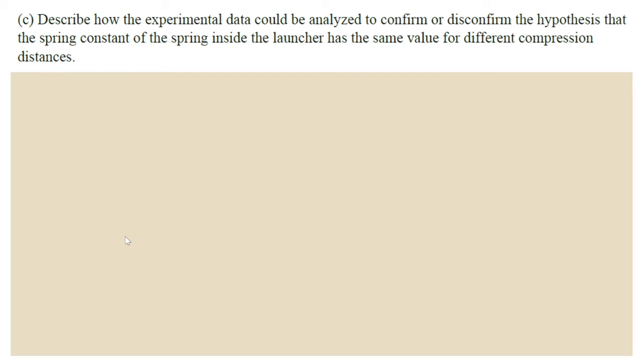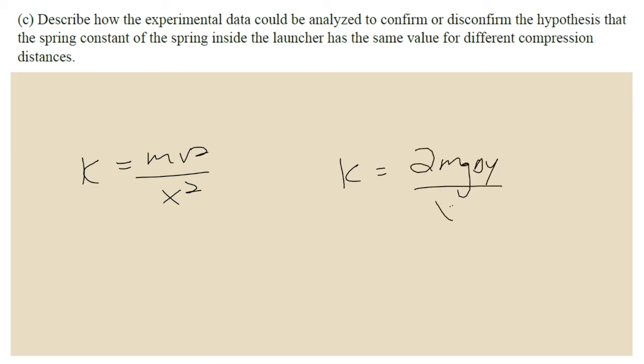Now, this is the part of this question that gets a little wonky, because usually what I tell you, and remember, at this point there should be roughly 2 equations that you're using to calculate K, whether it's mv squared over x squared or K equals 2mg delta y over x squared. Usually what I tell you is if you graph the variables in the numerator on the y-axis and in the denominator on the x-axis, the slope will be equal to the thing you're looking for.